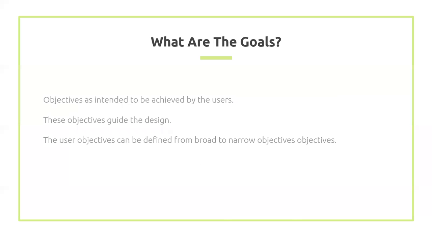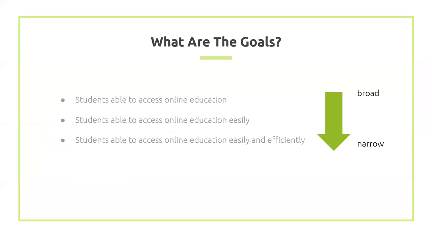What are the goals? Here we need to focus on the user goal, not the designer goals, because the objective is guiding the design. The design should follow the objective. The user objective can be defined from broad to narrow. For example, a broad objective is students able to access online education.